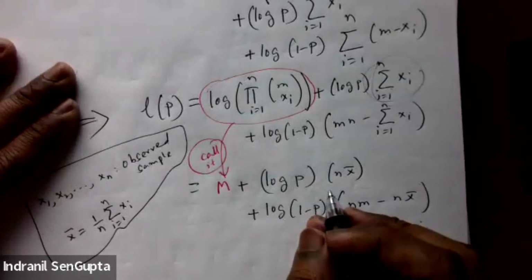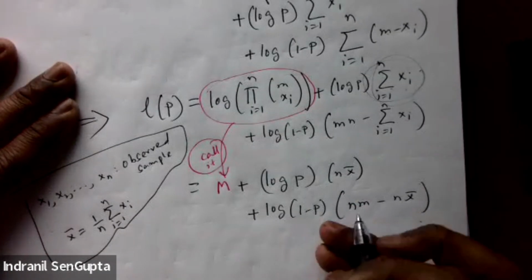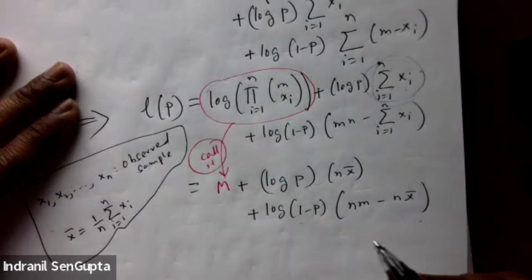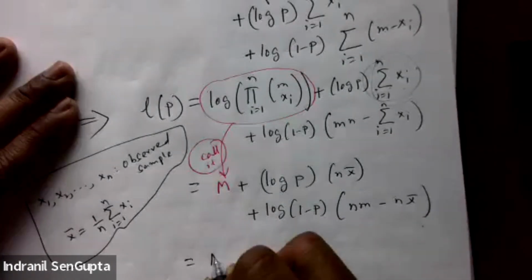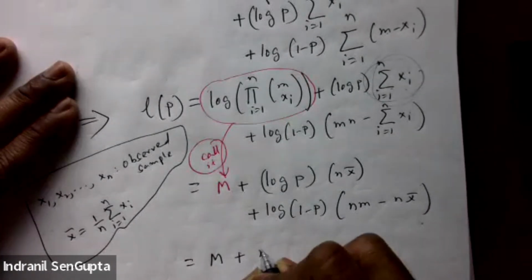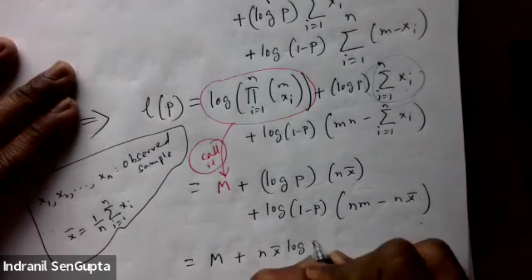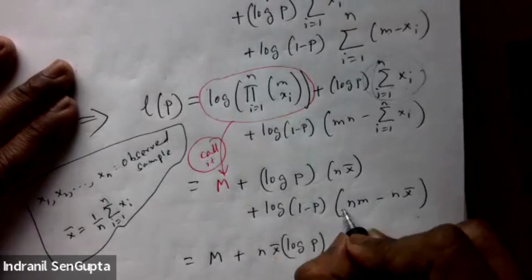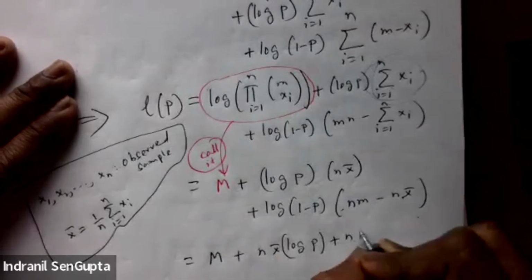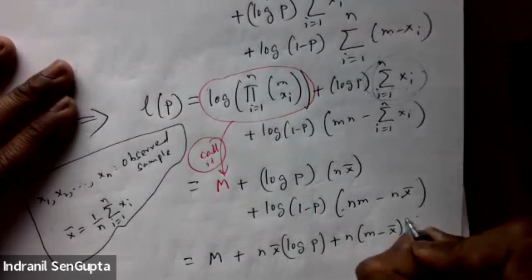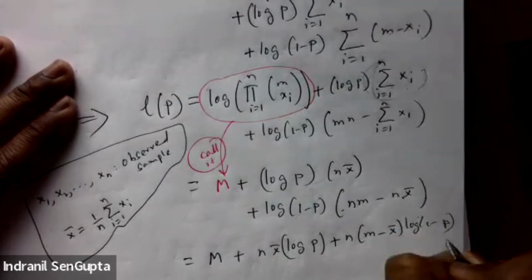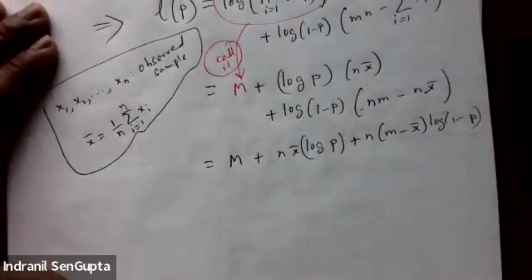One just last step to simplify this thing. I can write this as m plus n x bar log of P. I can pull out n from here, so it's plus n times m minus x bar log of 1 minus P.